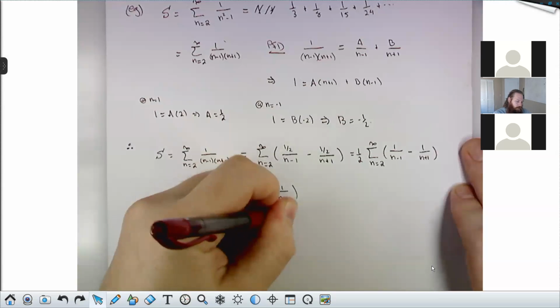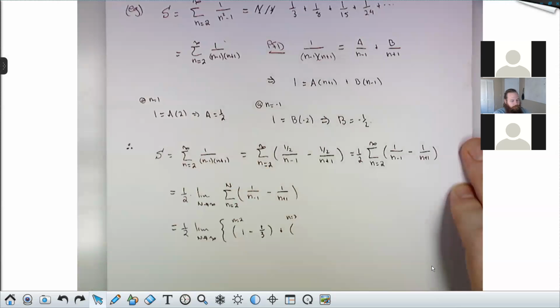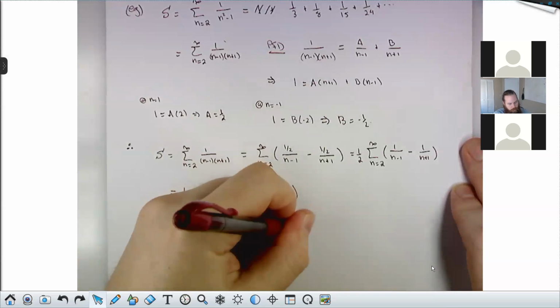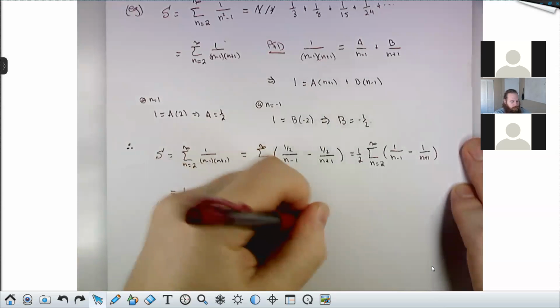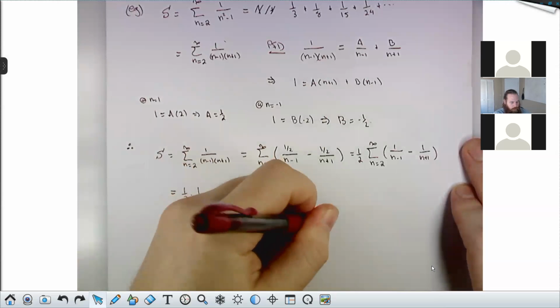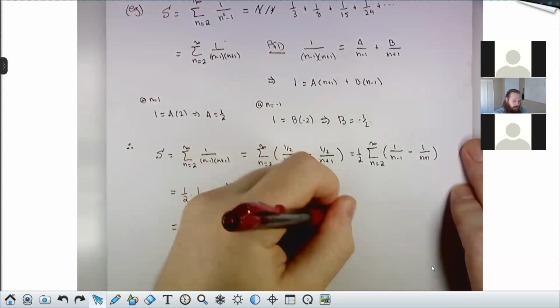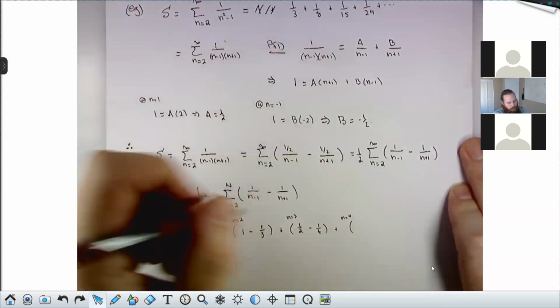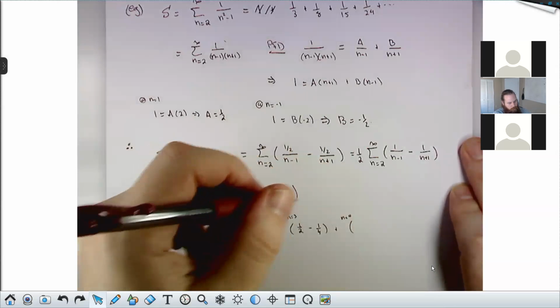Plus, when little n is equal to 3, I get 1 over 3 minus 1, that's 1/2, minus 1 over 3 plus 1, that's 1/4. Plus, when little n is equal to 4, I get 1/3 minus 1/5.